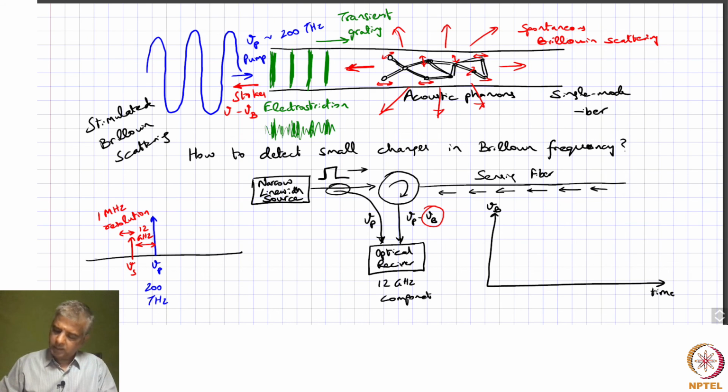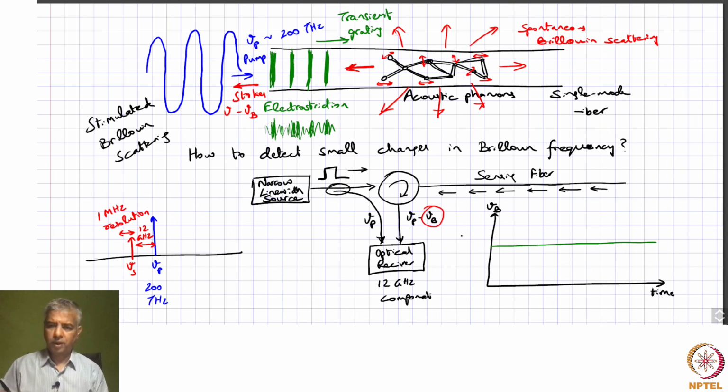You are not plotting the intensity of the light that you are picking up, but rather the frequency of that backscattered light, nu b as a function of time. If there is no perturbation in the fiber, it will look just like this. It will be constant across time.